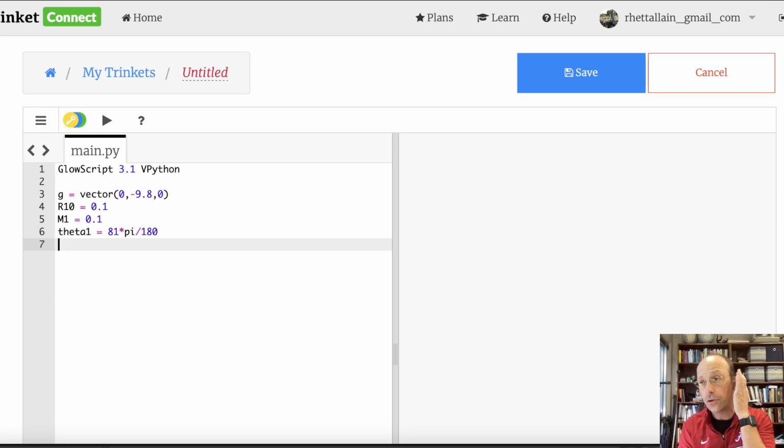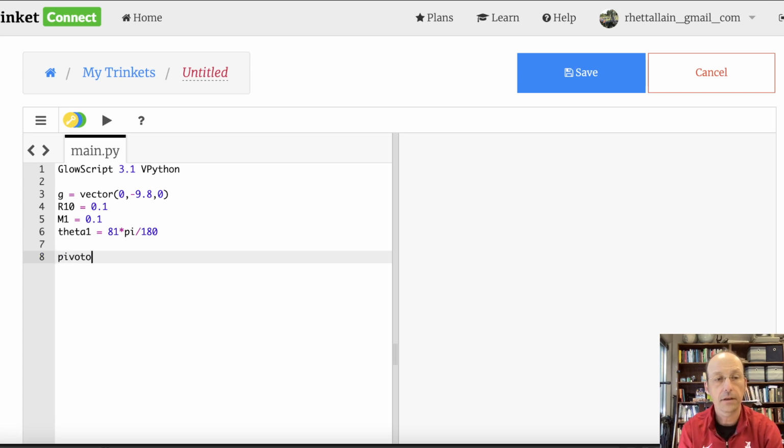The first thing I'm going to do is to make a pivot point. This is the point where the spring attaches to. Now, I don't want to start this at the origin just because if I shift it up, it looks a little bit better. So I'm going to say pivot equals an object called a sphere. The position is actually going to be equal to, I'm going to shift it up R10 over 2.